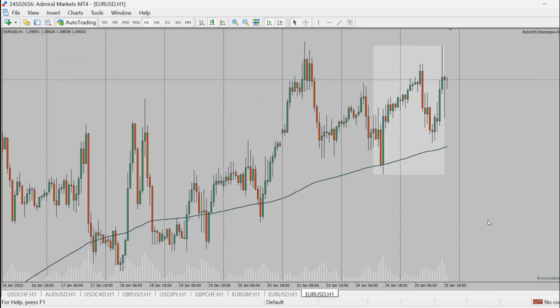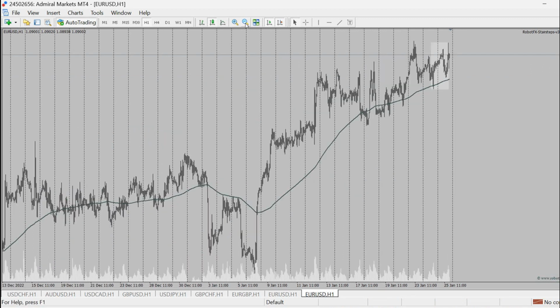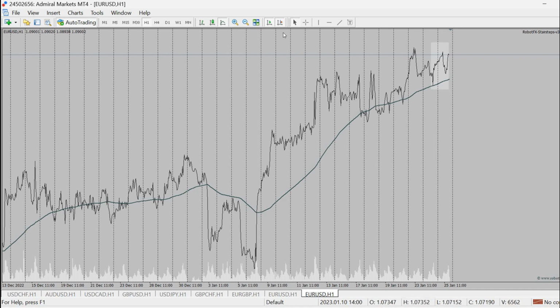I'm using an expert advisor attached to this chart. If you are having issues spotting the consolidation zones, all you have to do is zoom out and maybe switch from the candlestick charts, from the bar chart, to the line chart. Or you can also use the zigzag indicator, attach it on the chart.